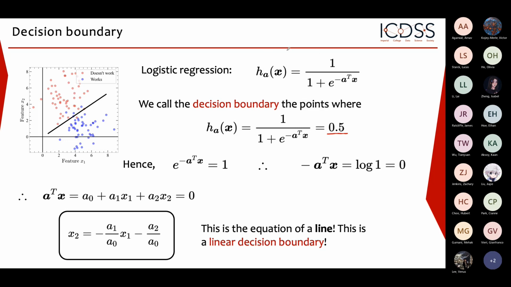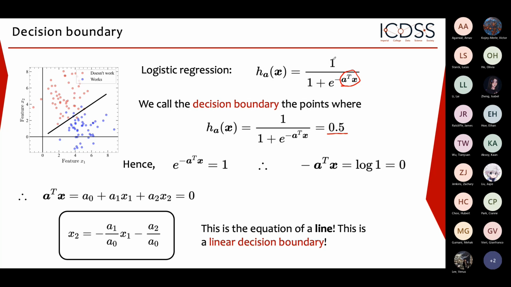Well, we start with our logistic regression that looks like that. Here we have our linear regression, and then we plug it into the sigmoid function, and this is overall what we get. Now we say that the decision boundary is when this thing is equal to 0.5, so 50%.